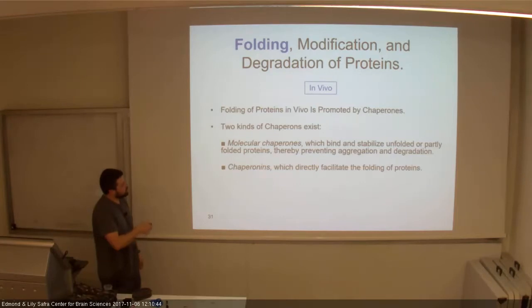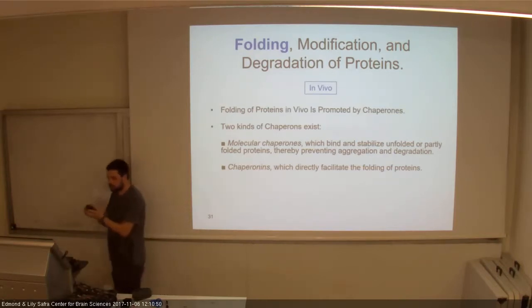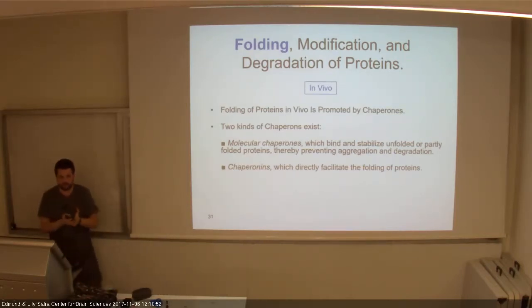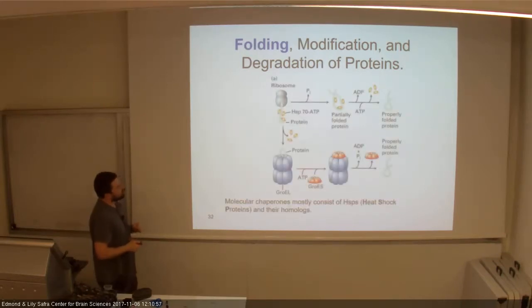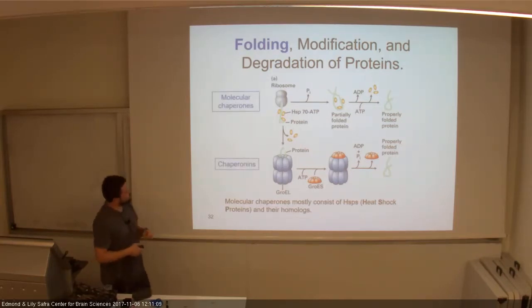And chaperonins, which we'll learn about also, facilitate an environment that supports the folding of the proteins. Counter to what you would think, according to the name, chaperones are very small proteins, and chaperonins are very large proteins. It's the opposite of what you would think.